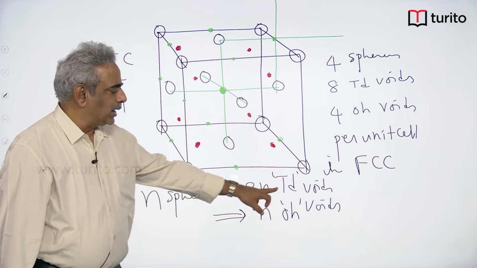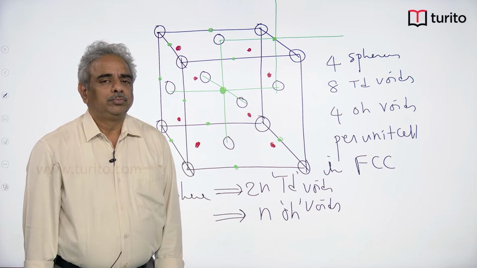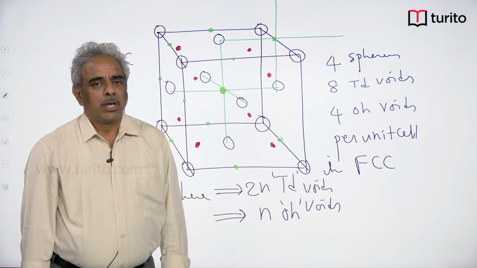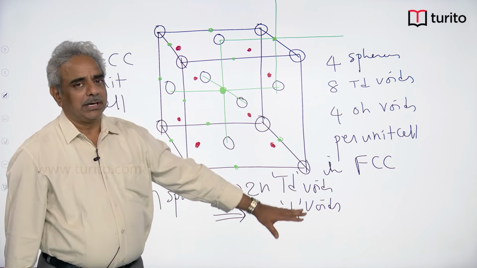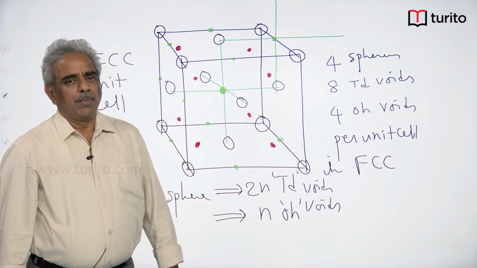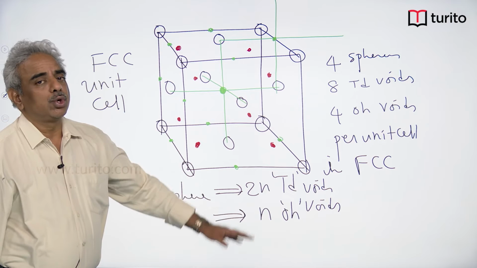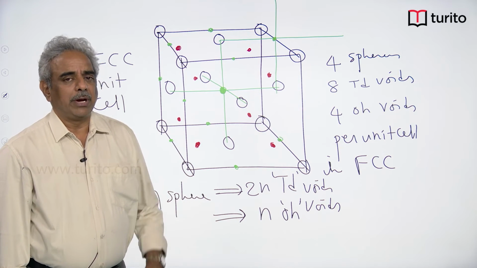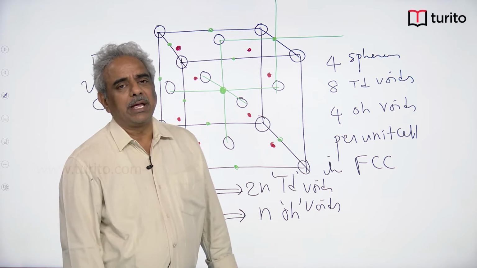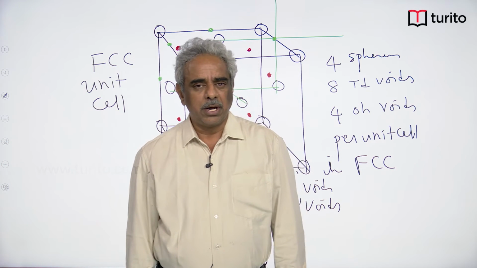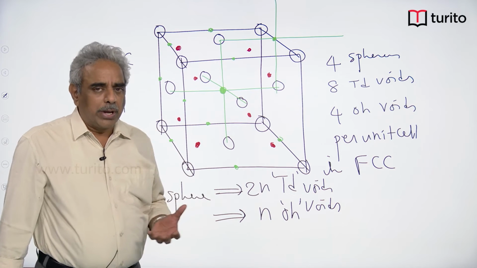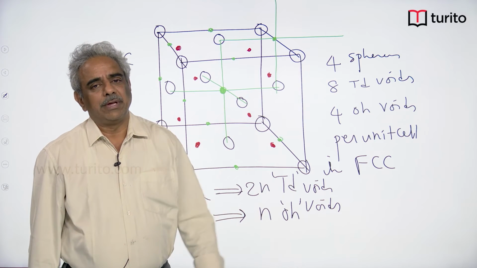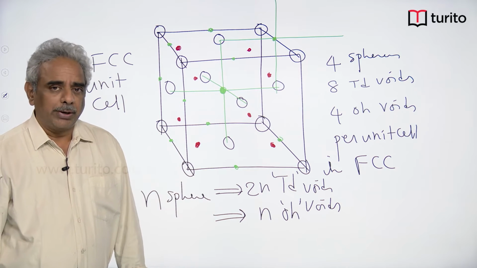Therefore, the octahedral, tetrahedral and sphere ratio will also be same. Whatever is true for this unit cell as far as the number of voids is concerned is true even for HCP. So, whenever n number of spheres are making HCP arrangement, 3-dimensional arrangement, there will be 2n tetrahedral voids, there can be n octahedral voids. So, that way you can always be assured.